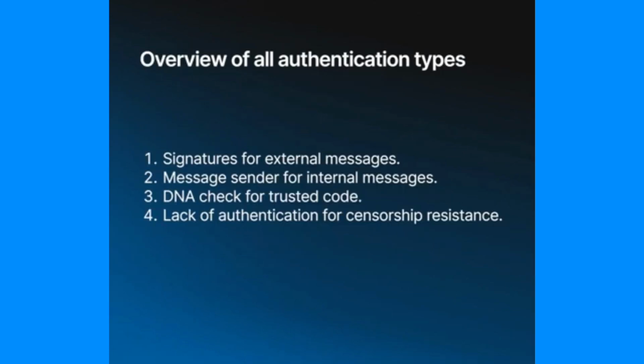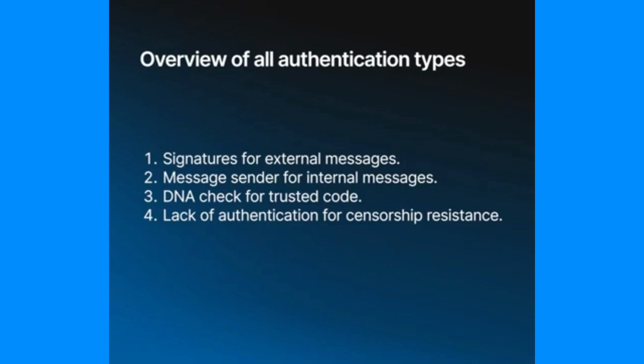So to recap, there are four types of authentication in TON. There are signatures to authenticate external data, external messages from actual humans or systems outside the blockchain. There is authentication by a message sender in the internal messages to differentiate different roles, and this is the more recommended way for complicated contract setups because it's more composable.